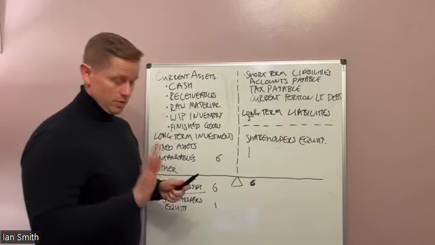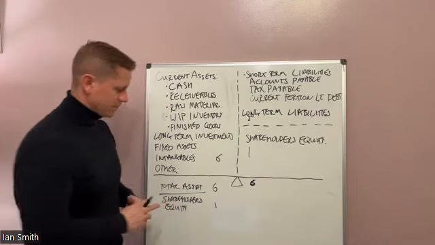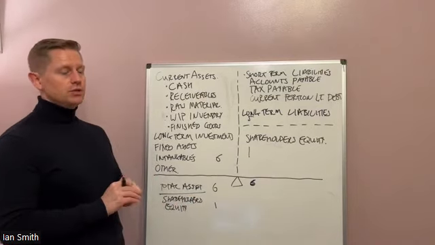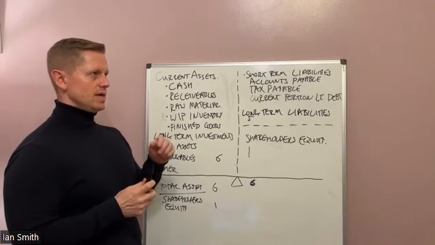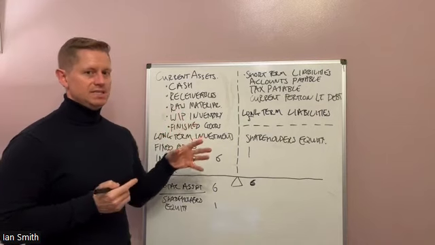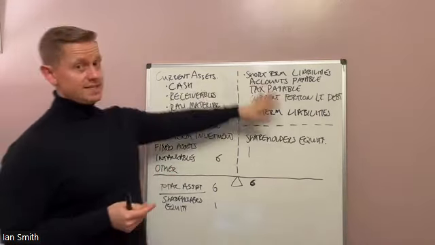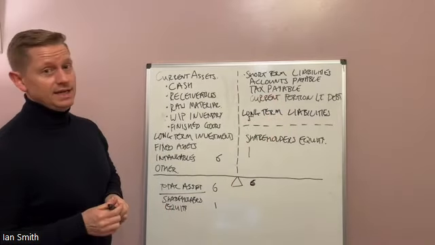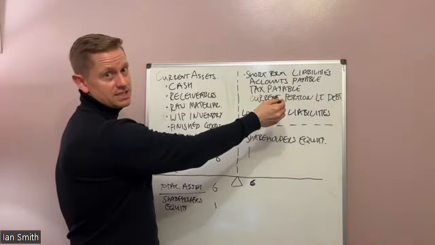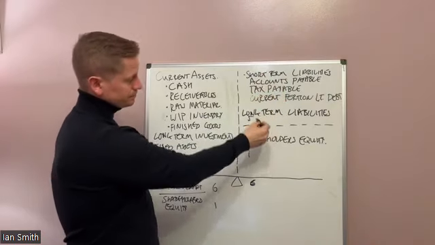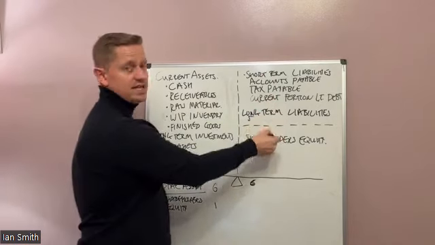Now, another good ratio, we'll leave that one on there and draw another one over here, is the gearing of the business. That takes into account the total liabilities divided by the total debt plus equity in the business. So it takes total liabilities divided by total liabilities plus equity, which gives you a percentage.